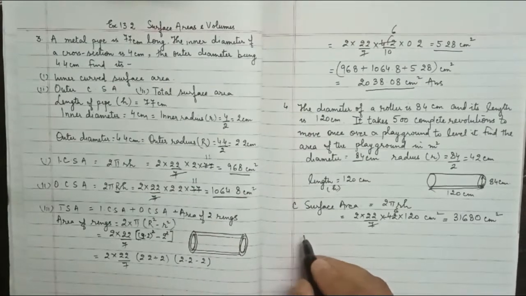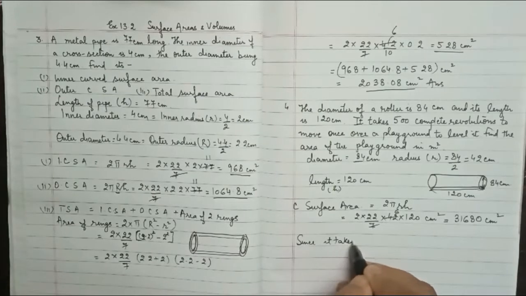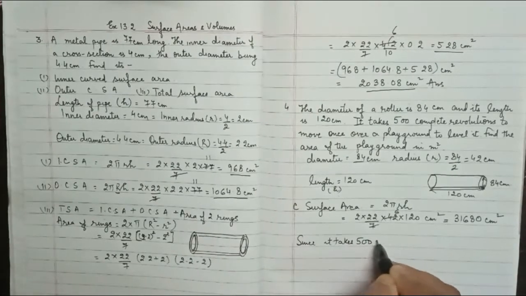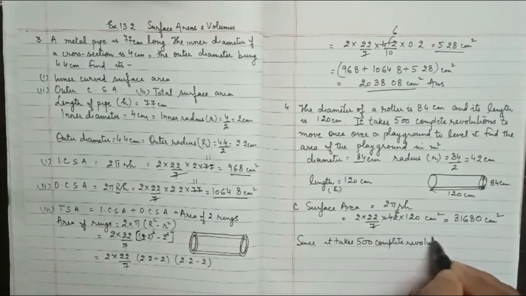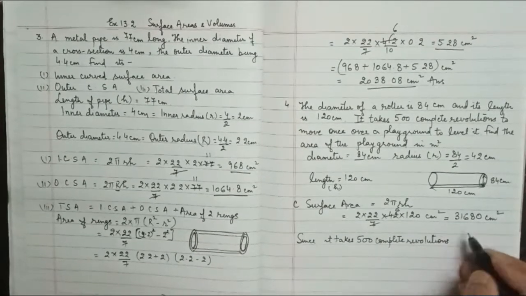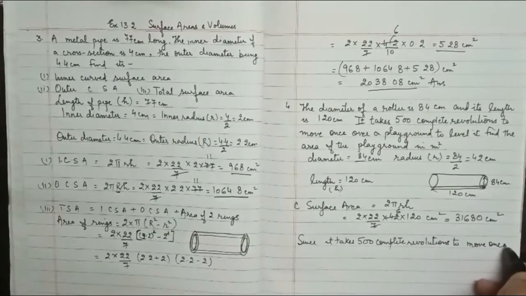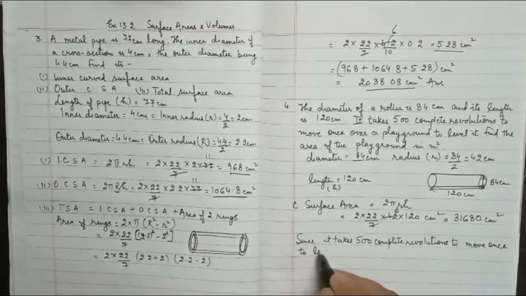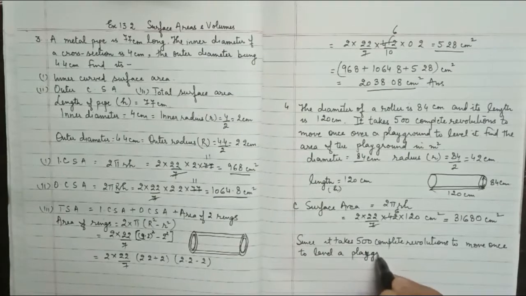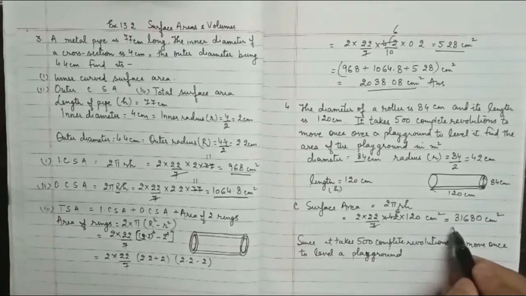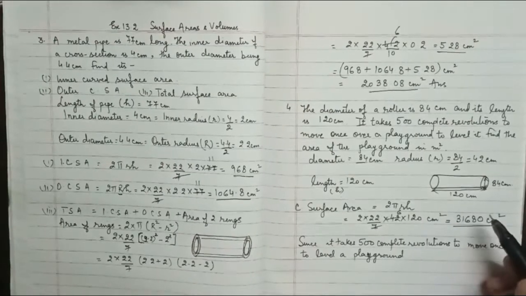Now, since it takes 500 complete revolutions to move once to level a playground, this area which has come to be 31680 centimeter square is for one revolution.